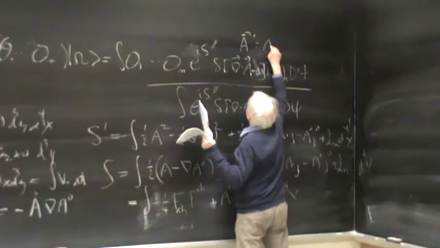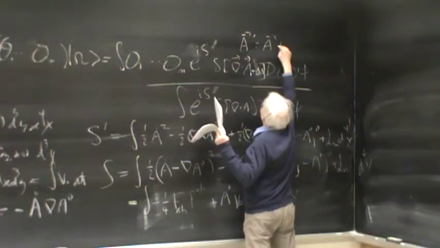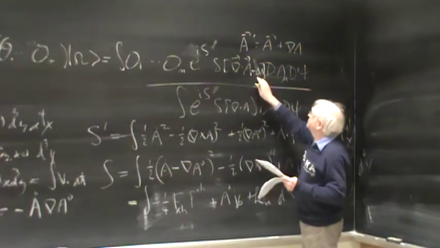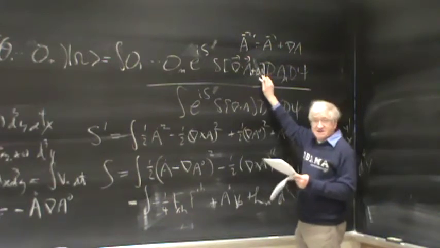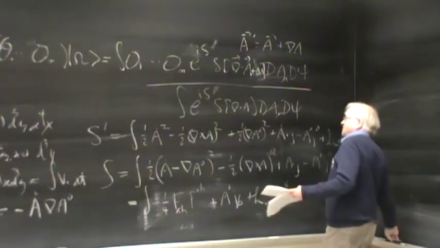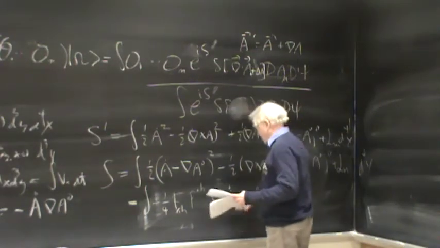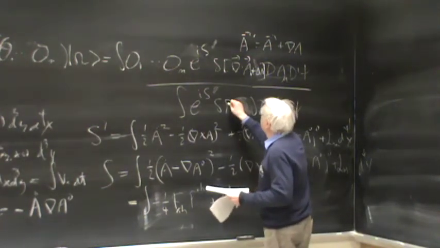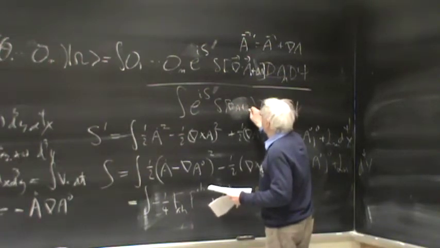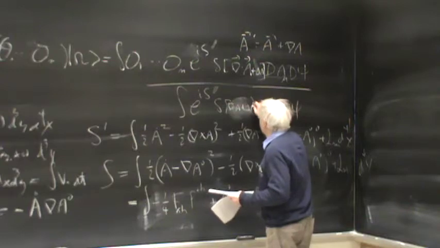A prime is A plus grad lambda. And so the divergence of A is del dot A plus Laplacian of lambda. But we're going to do a different gauge transformation here. In general different. It could be the same, but it certainly can be different. So this is del dot A plus Laplacian lambda prime.